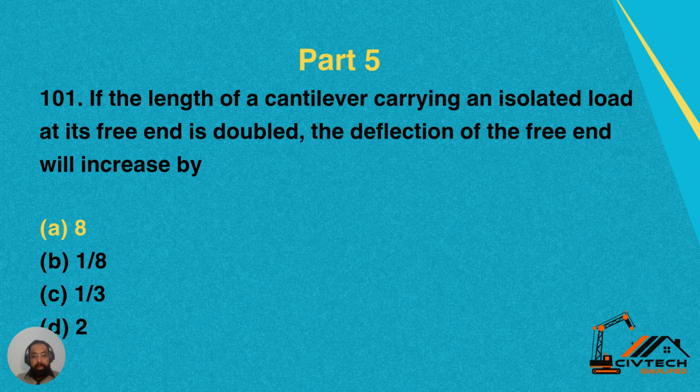Now, if the length is doubled, the deflection of the free end will be increased by option A 8 times, option B 1 by 8, option C 1 by 3, option D 2. So deflection will increase by 8. Option A is the correct answer for this question.